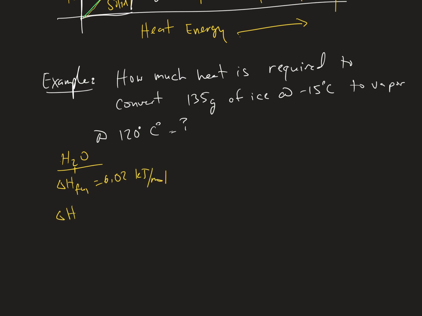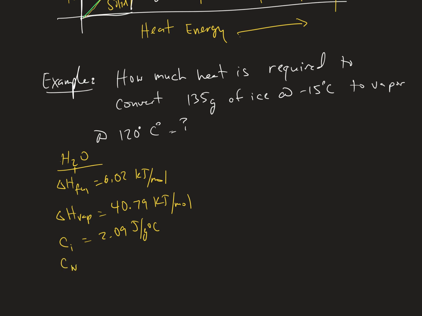Heat of vaporization is 40.79 kilojoules per mole. The specific heat capacity of ice is 2.09 joules per gram degrees Celsius.